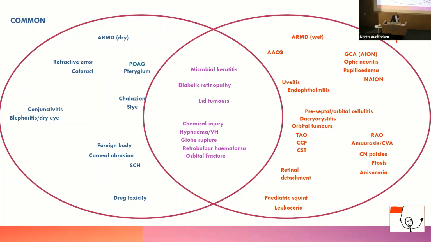So this is another way to think about the curriculum. As a general rule, anything that's both serious and common, you absolutely have to know. So the intersection of that Venn diagram is a good way to prioritize your learning. Start with that and then go outwards from there.